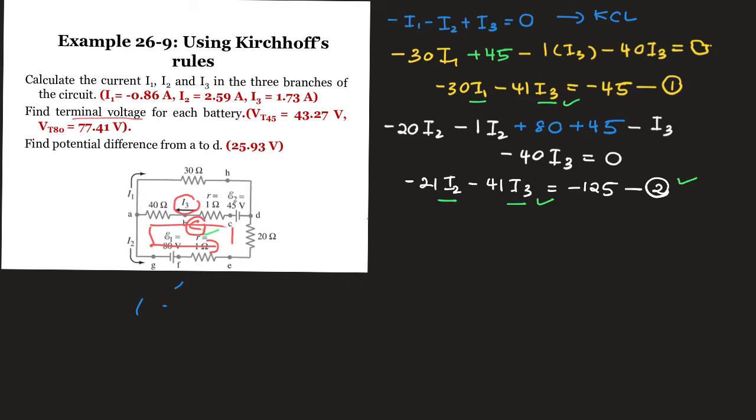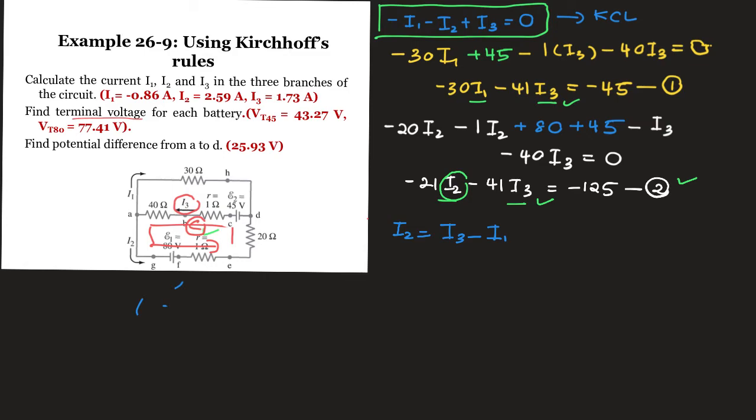Okay, but now I'm going to choose I2 here, where I'm going to use my Kirchhoff's current law. I'm going to put I2 as the subject, which is I2 equals I3 minus I1.